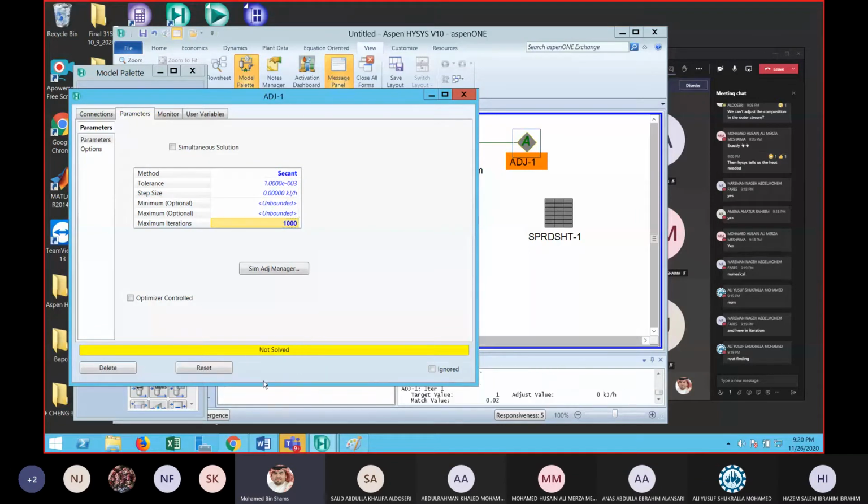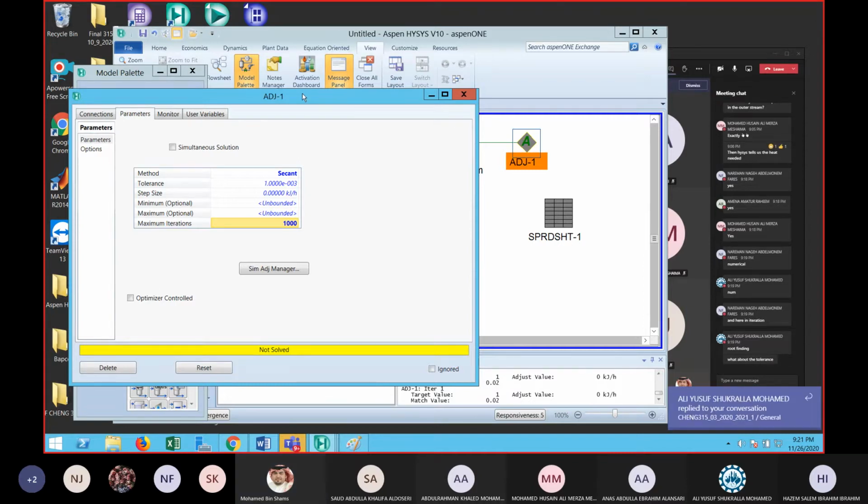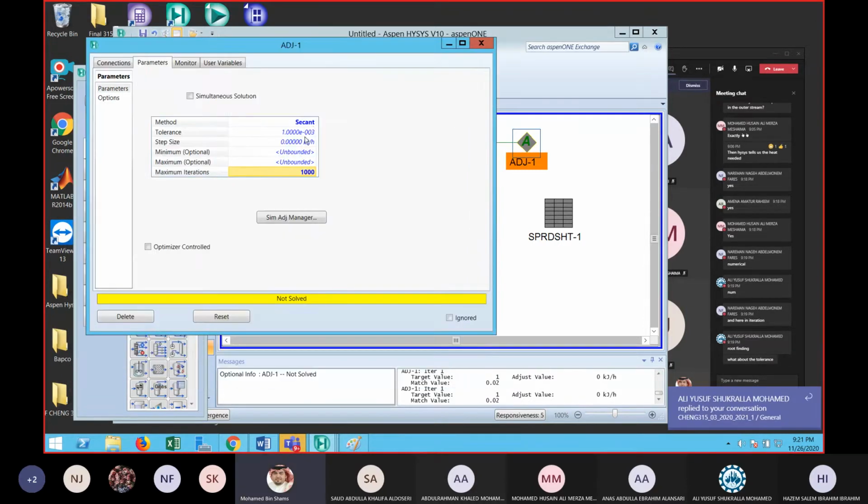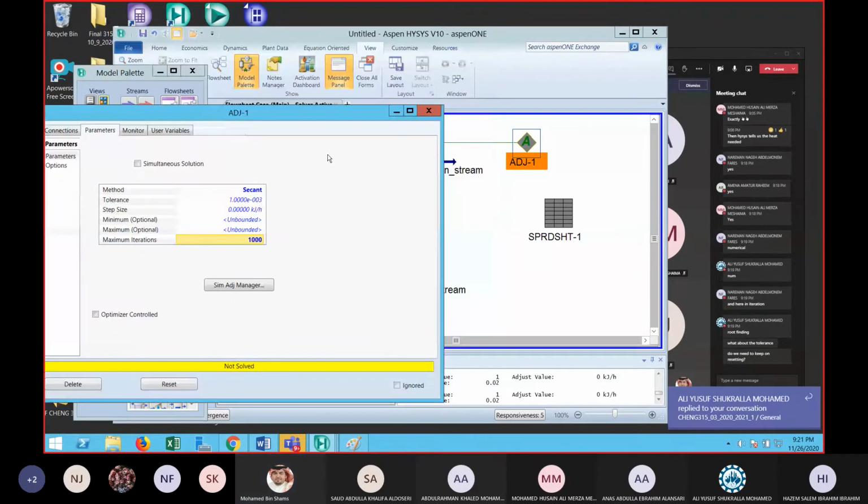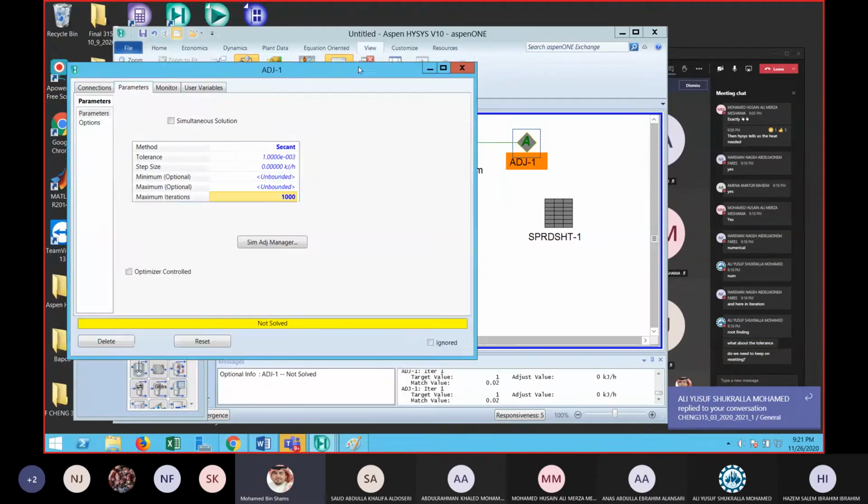And now we press start. When you press start, you will see that he might not solve it yet. Maybe he needs to do more iterations. So we're going to reset this. Now we'll not change this. We'll keep the default value. Sometimes, maybe I have to change the step size. Just a moment.